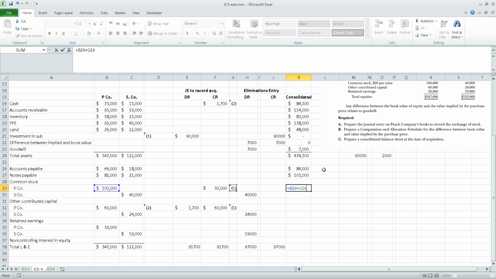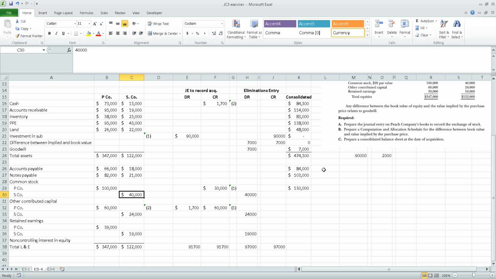They issued 30,000 par value shares of common stock. So P Company's common stock, 130,000. S Company's common stock had a balance of 40,000, but through the elimination process we debited that account out, so it has 0 balance. So the only common stock that's going to appear on the consolidated balance sheet is the common stock of the parent company.